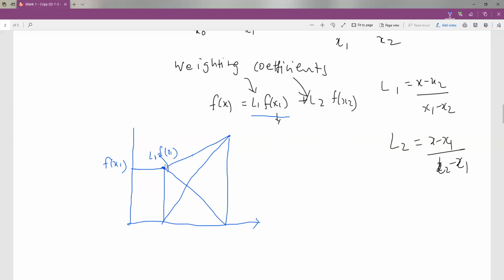So weighing coefficients are multiplied with f(x1), and here L2 with f(x2), and then it is going to give us the actual behavior of these terms. And again, this is a value of function f(x).